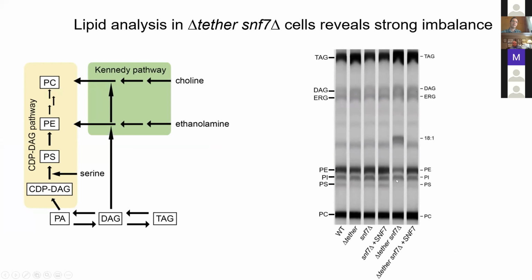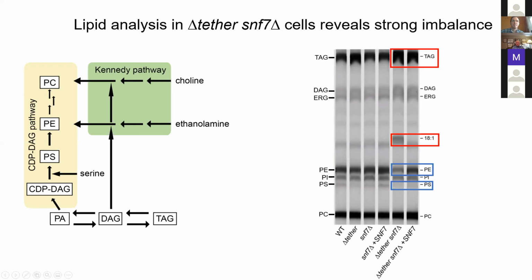They had very low levels of PS and very low levels of PE. They accumulated large amounts of free fatty acid, oleic acid primarily, and also tons of triacylglyceride. And importantly, when I complement this strain with SNF7, the lipid profile goes back to that of a delta tether.